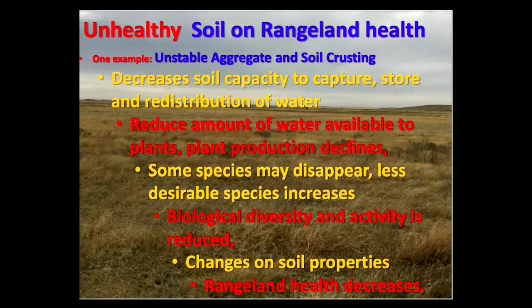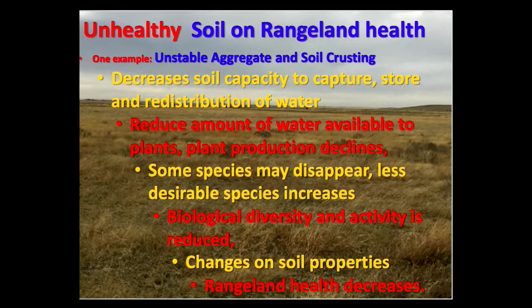Because they asked me to talk about soil health related to rangeland health, I just have an example here. Let's think that we have unstable aggregates in the soil. So when we have the aggregates, those particles of the soil that stay together, it starts raining. What happens? The drops impact the soil, the water, and then disperse all the particles.